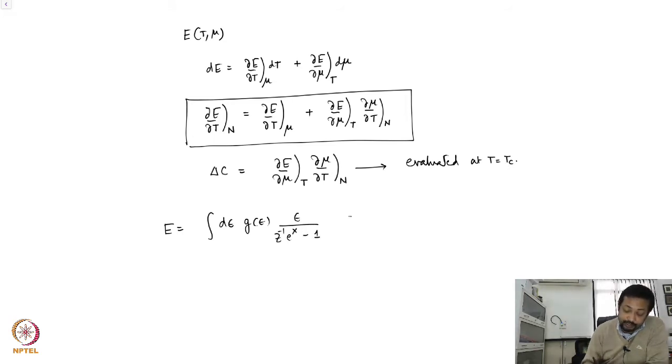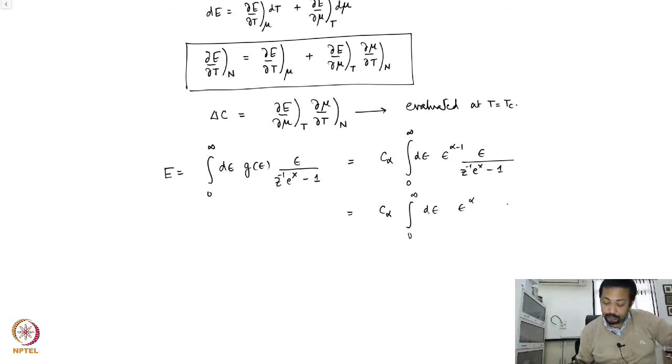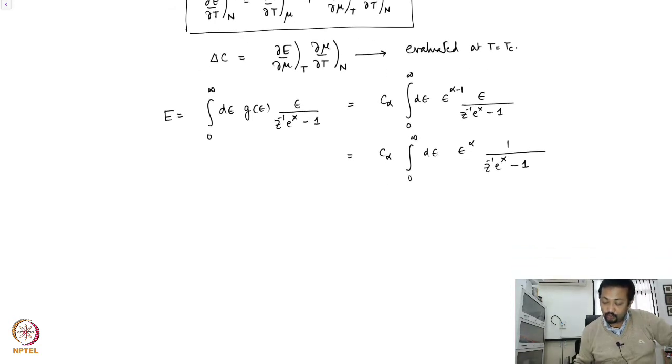It's going to be this, which I have as C alpha integration d epsilon from 0 to infinity epsilon to the power alpha minus 1, then I have an epsilon divided by z inverse e to the power x minus 1, which gives C alpha integral from zero to infinity d epsilon epsilon to the power alpha, 1 over z inverse e to the power x minus 1.